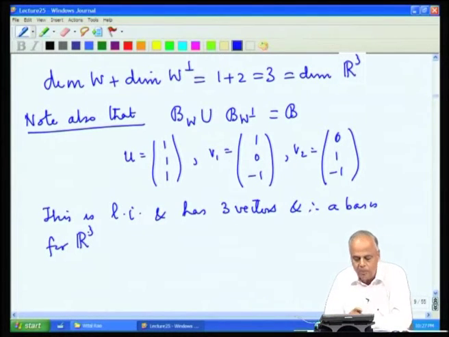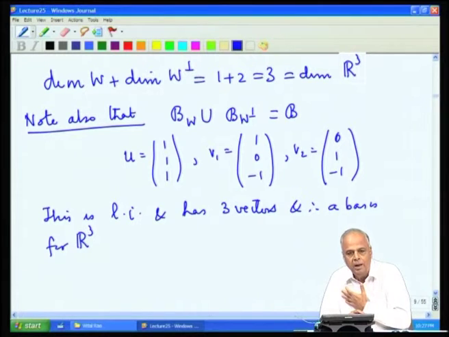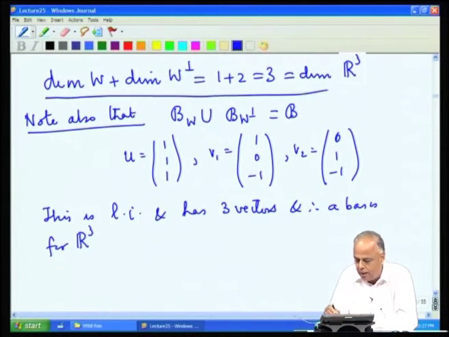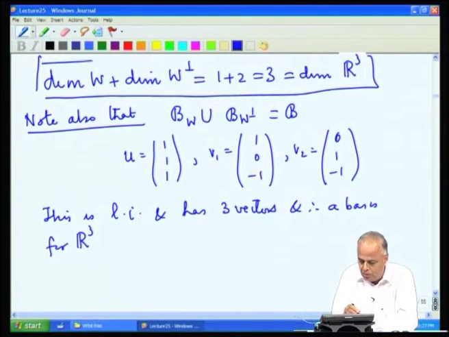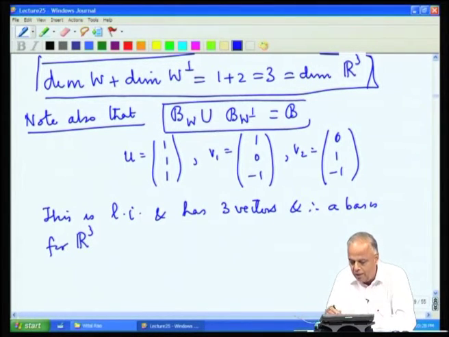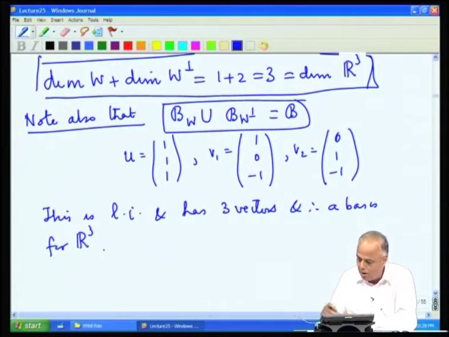So, in this example we observe a lot of things are happening, namely the dimension of W and dimension of W perp added together give the dimension of the whole space, and the basis of W and the basis of W perp added together give a basis for R3.